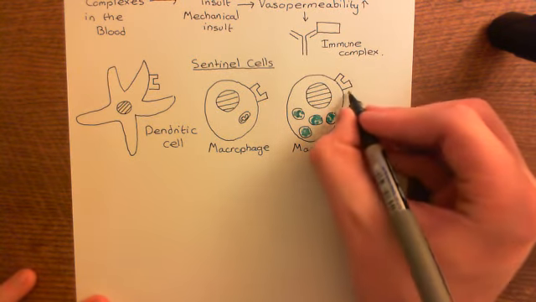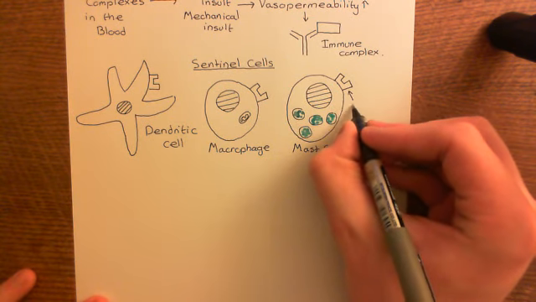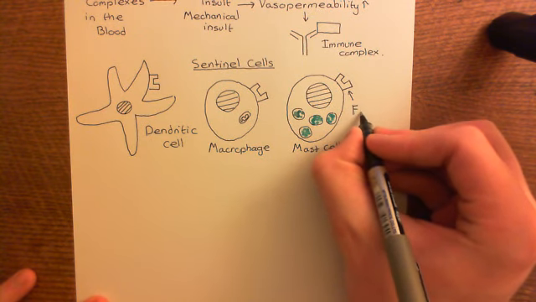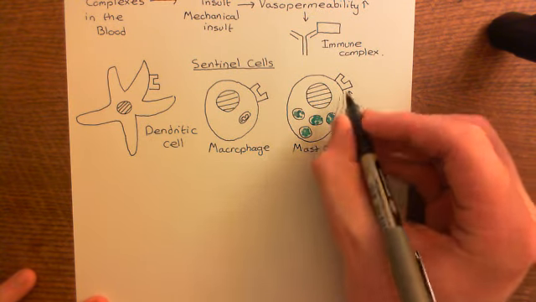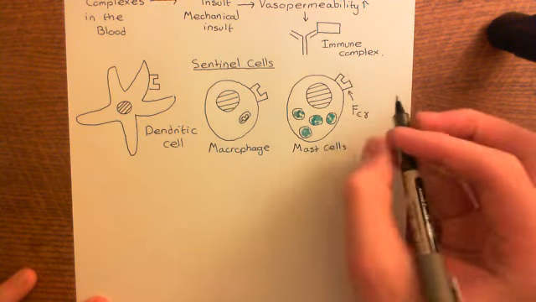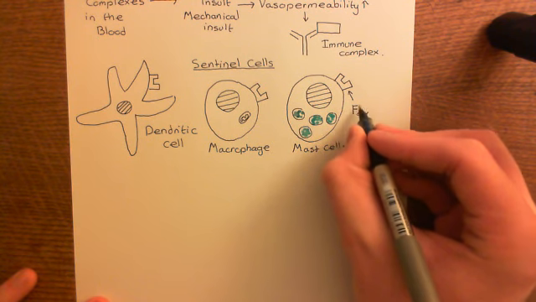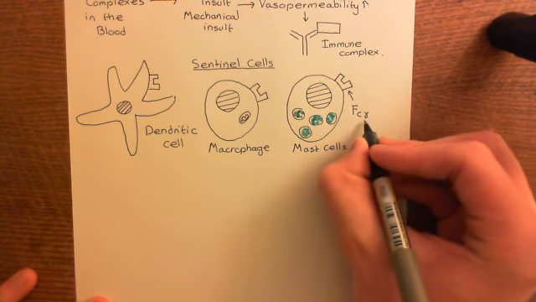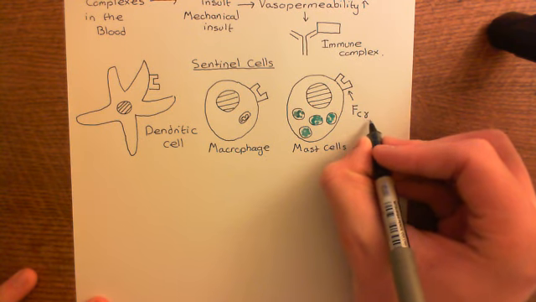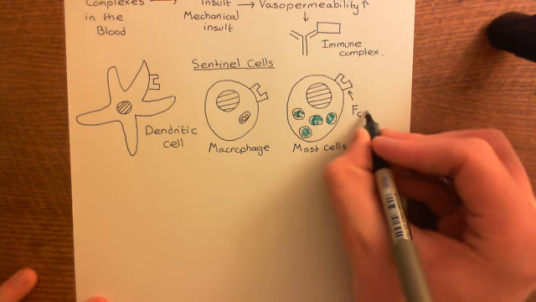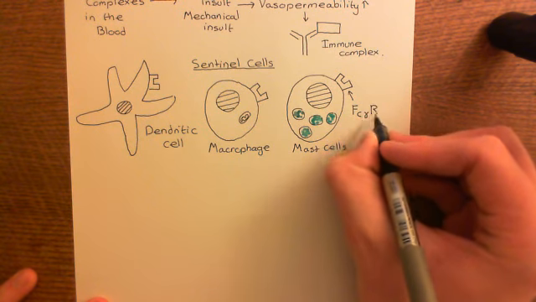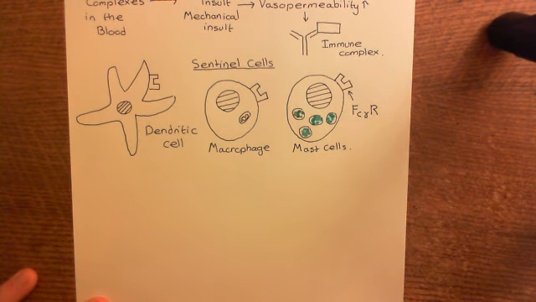Basically, these sentinel cells have receptors which bind to the Fc region of IgG antibodies. So it's the Fc gamma, because you've got the fragment crystallizable of an immunoglobulin G molecule, which, remember, the analogous Greek letter for that was gamma, and it's a receptor, so it's an Fc gamma R, basically.